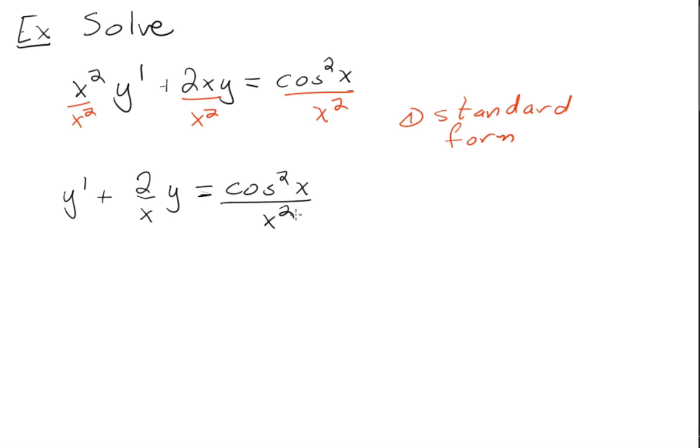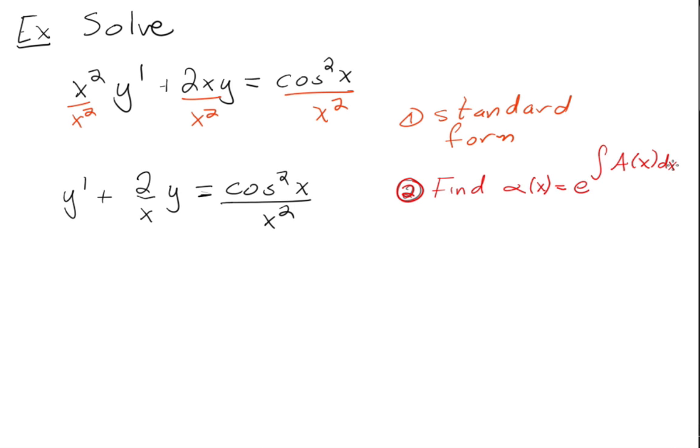Okay, and then what do I do next? Okay, so I need to find what alpha is, right? So find my magic function or integrating factor. So e to the integral of a of x dx.